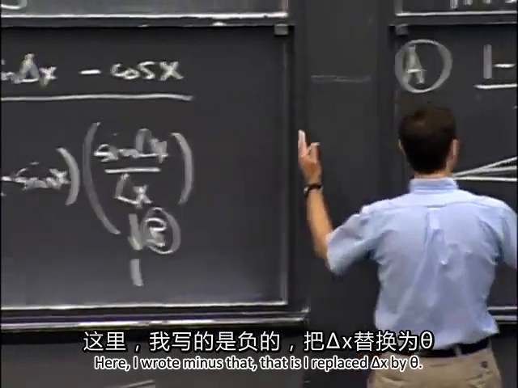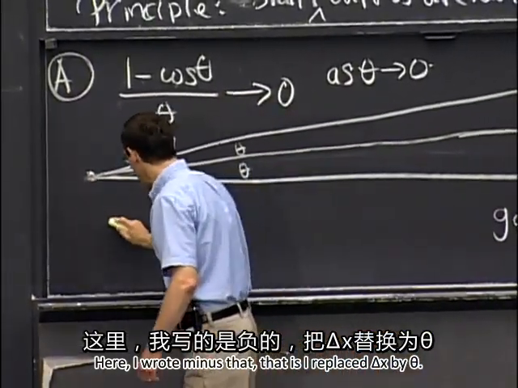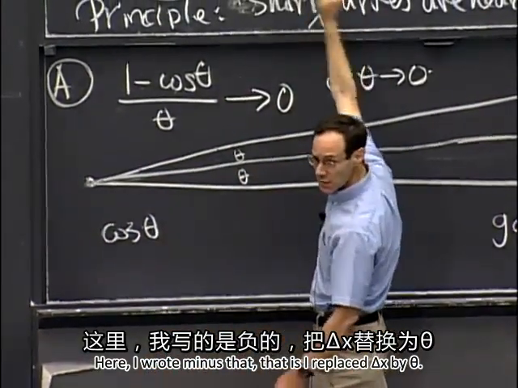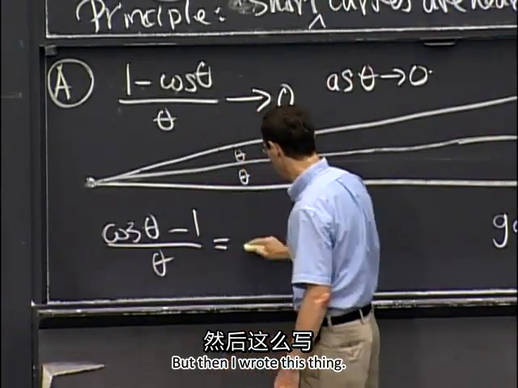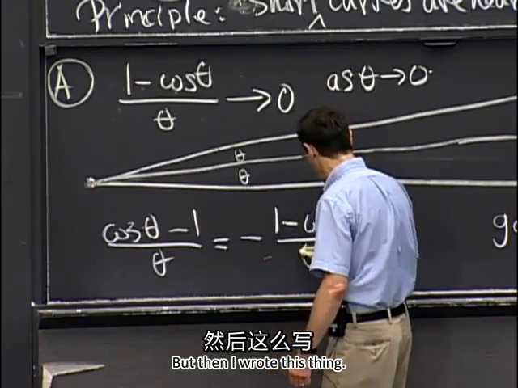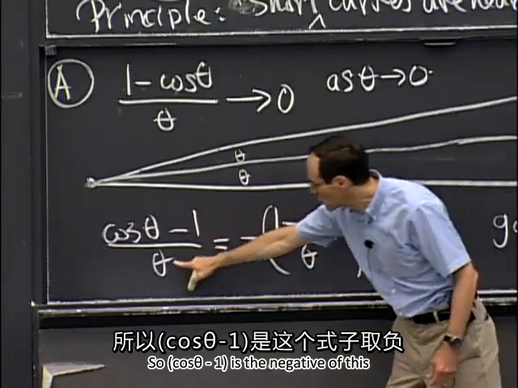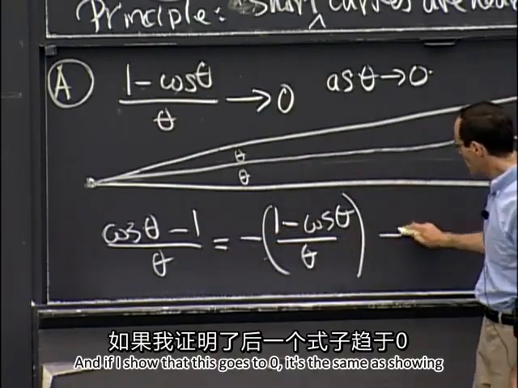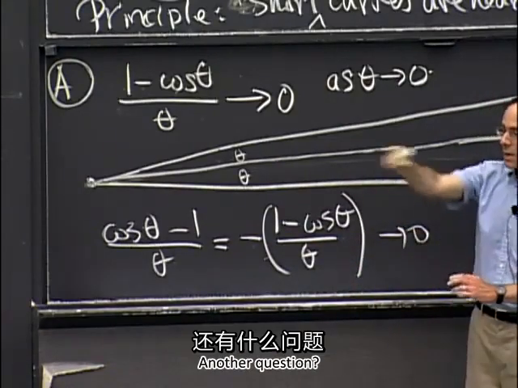Here, I wrote the minus of that. I replaced delta x by theta, but then I wrote this thing. So cosine of minus theta minus 1 is the negative of this. All right? And if I show that this goes to 0, it's the same as showing the other one goes to 0.